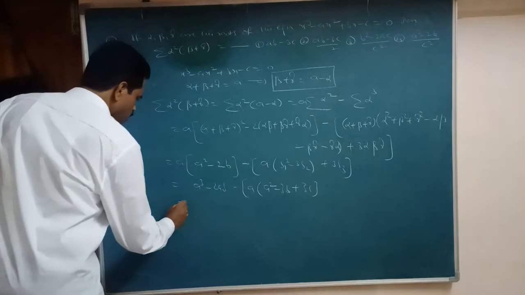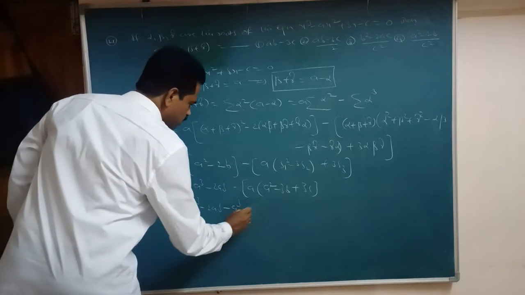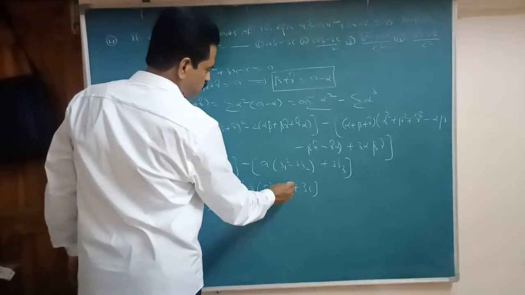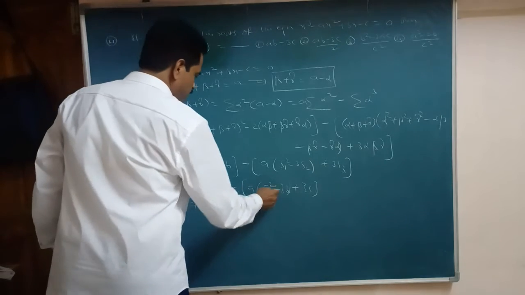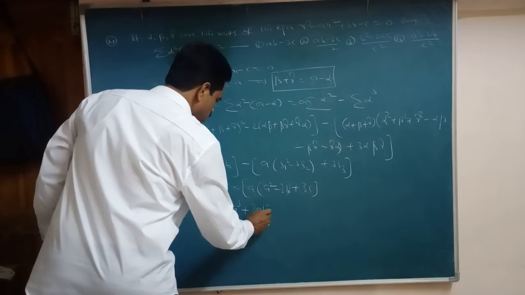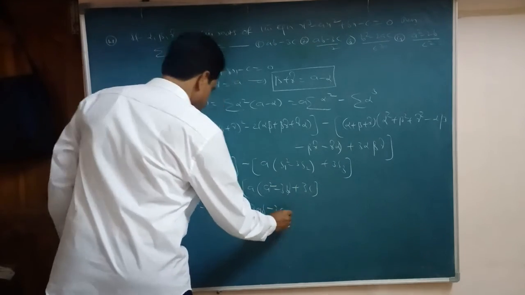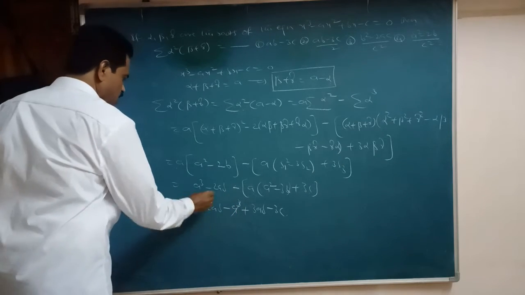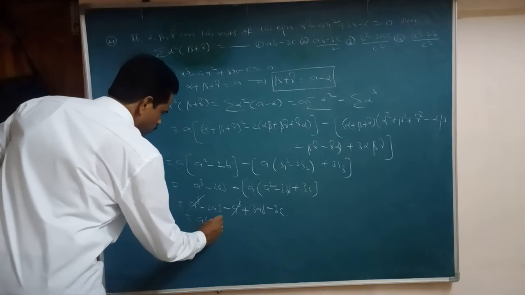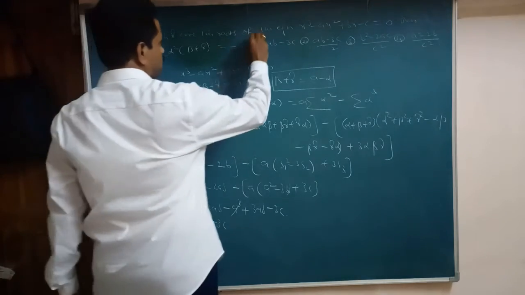So that equals A cube minus 2AB minus A cube, and minus into minus plus 3AB. Here plus 3AB. Next, a minus is there, minus 3C. So A cube cancels. So here 3AB minus 2AB is AB minus 3C. So AB minus 3C, which option is correct here? First option.